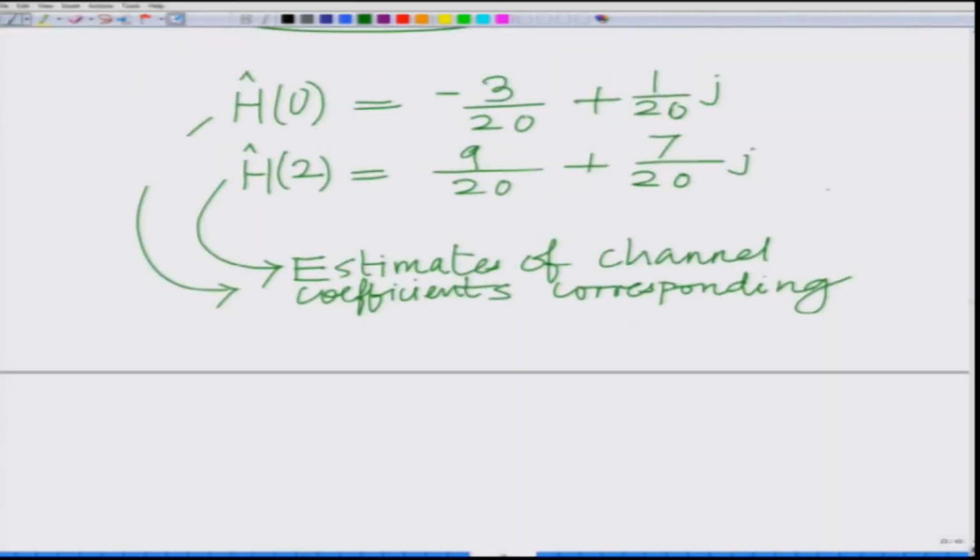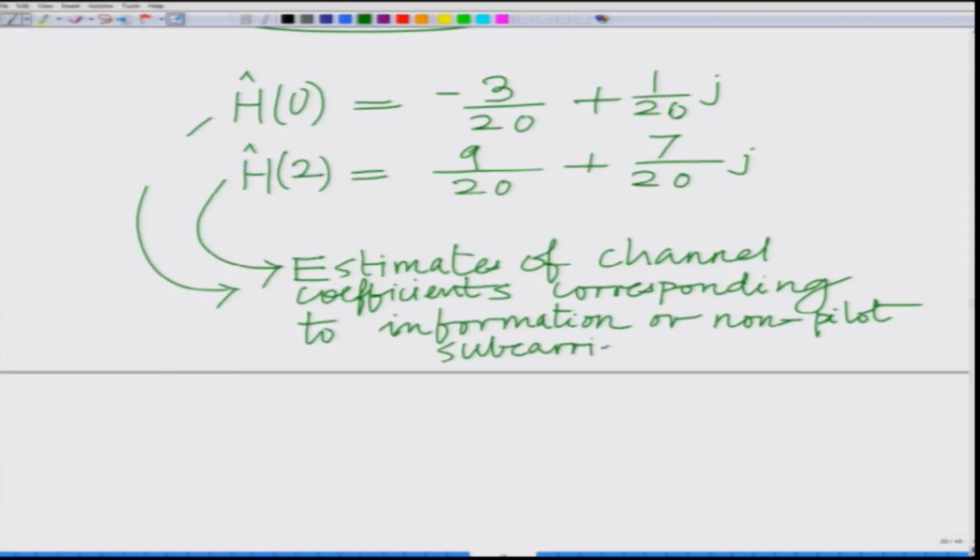the data subcarriers or the information subcarriers, that is the non-pilot subcarriers. So, what we have seen is an example of this comb type pilot based channel estimation scheme, where pilot symbols are loaded only on a much fewer number of subcarriers.